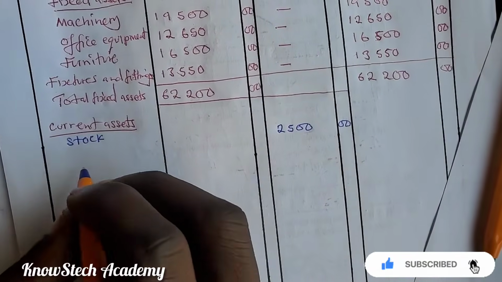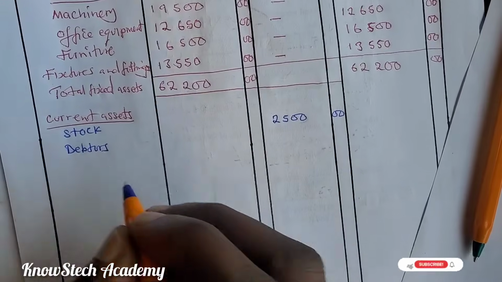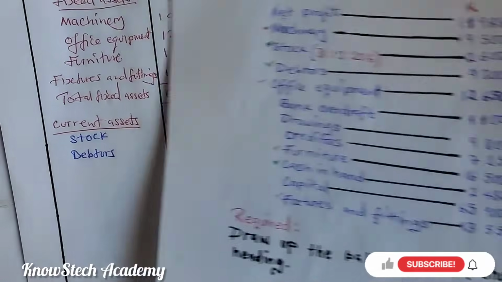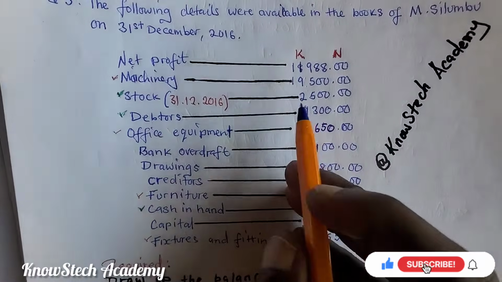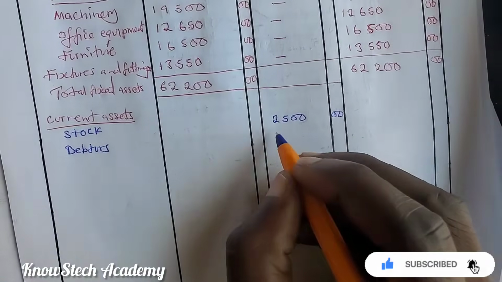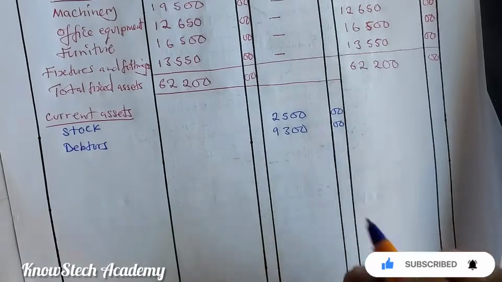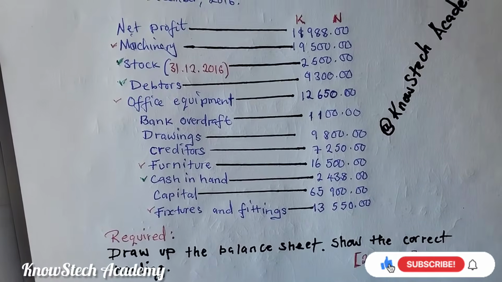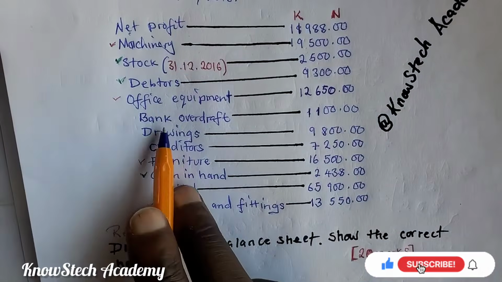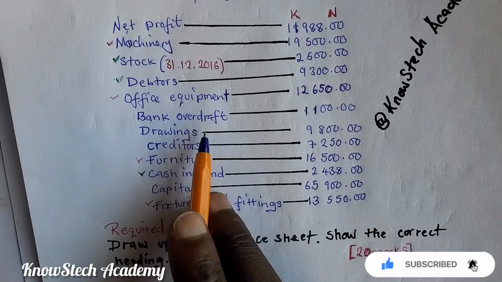And the next is debtors. If you look at our list here, debtors amount to 9,300. Then the next is cash in hand. We don't have cash at bank, we just have bank overdraft, which is a current liability.